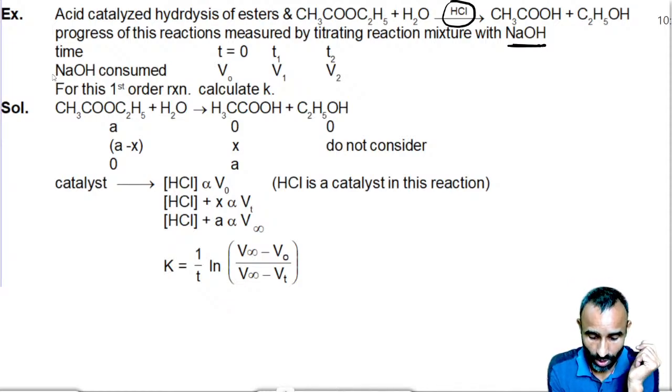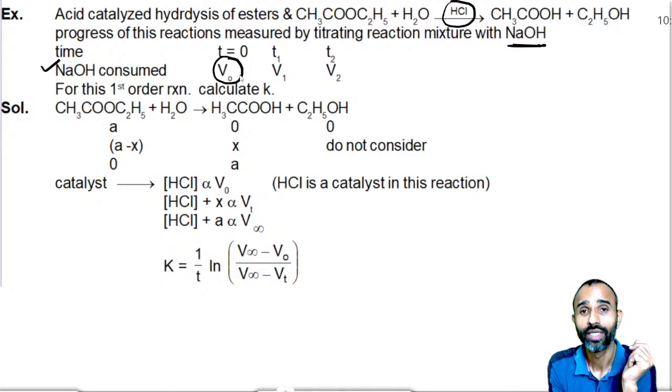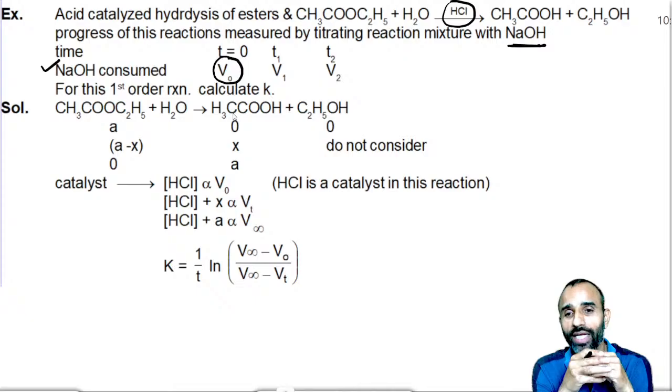So sodium hydroxide consumed initially is V naught. Tell me, initially ethyl acetate is not hydrolyzed at all. So where will this V naught be used? It is used to neutralize HCl.